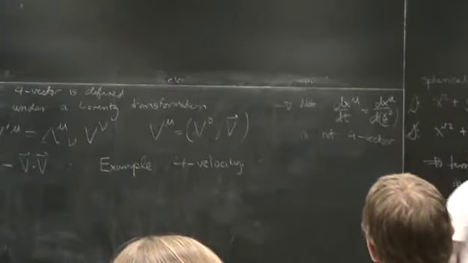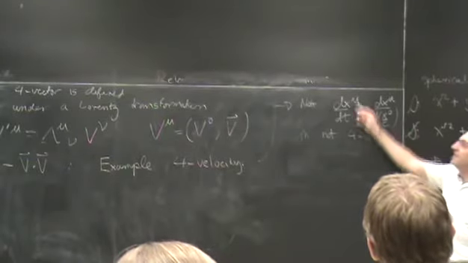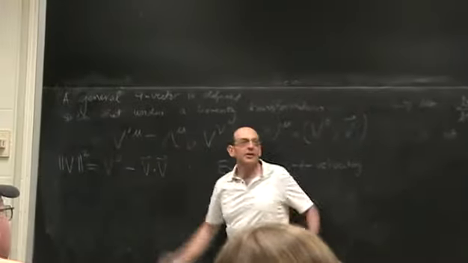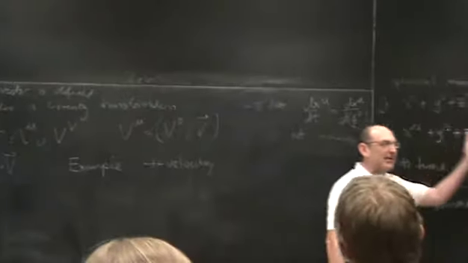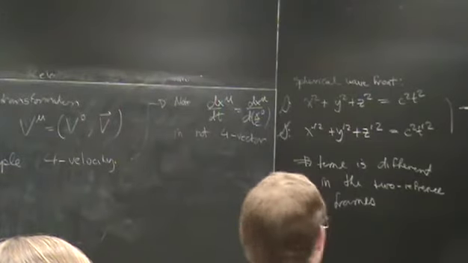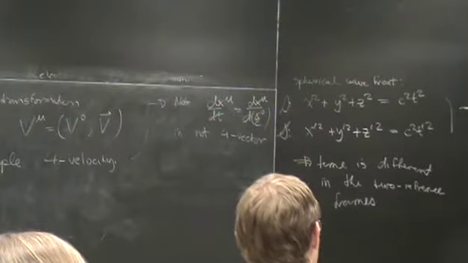Why? Well, this is not going to transform in this manner, because the denominator transforms, and the numerator transforms, and the ratio transforms differently. So that's not a four vector.